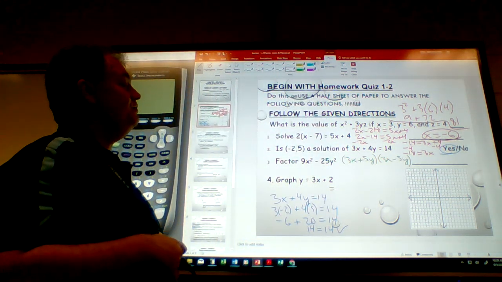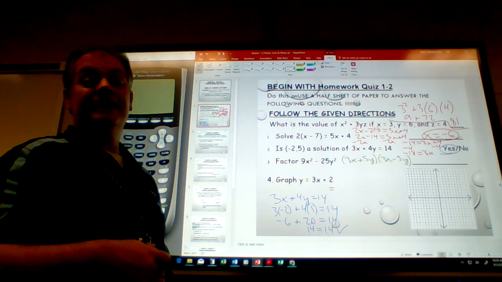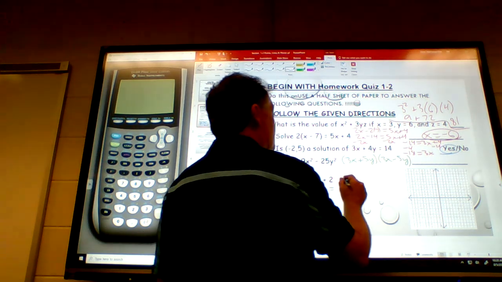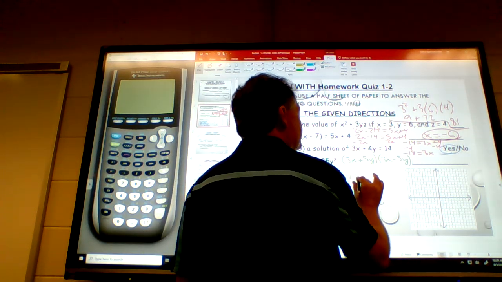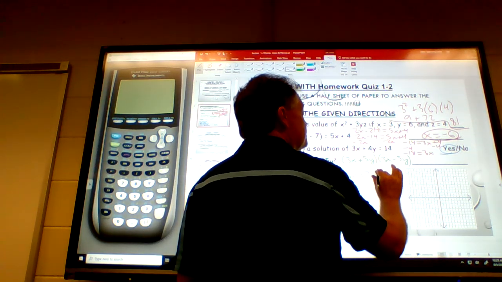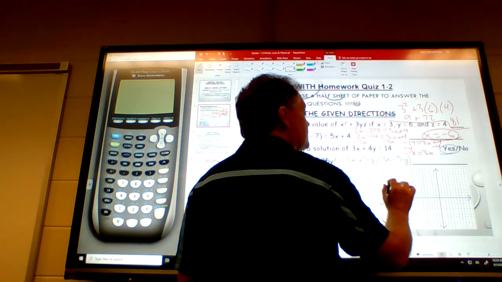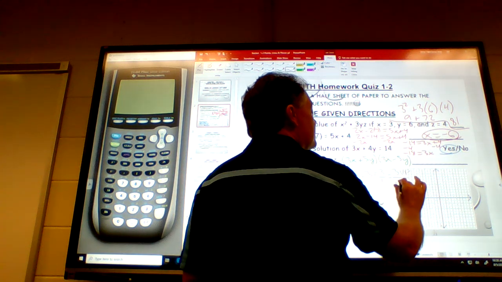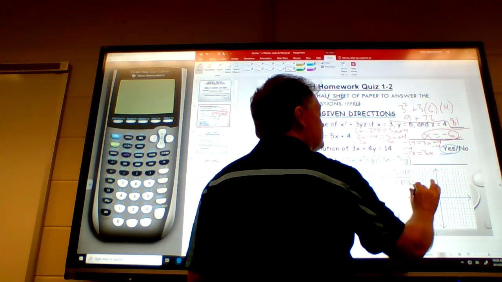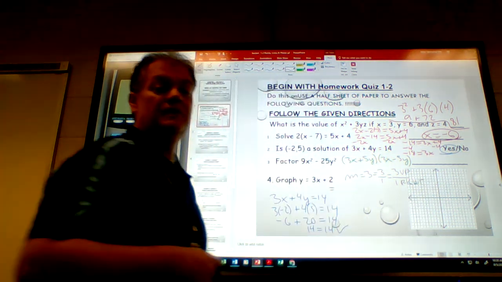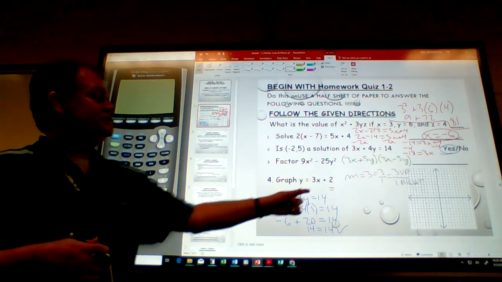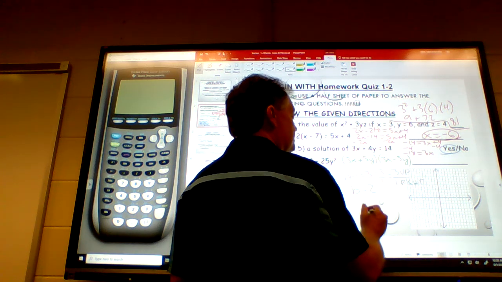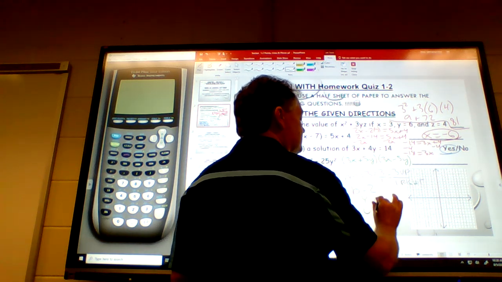And then finally, number 4 says graph y equals 3x plus 2. That means the slope, this number right here, equals 3. So m equals 3, which is 3 over 1, which means it's 3 up and 1 to the right. The second thing it means is b is 2 right here, which is the y-intercept.